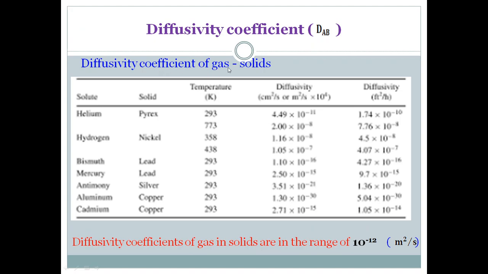Now diffusivity for gas-solid, for example helium in Pyrex, is 4.9 times 10 to the power minus 11 meter square per second, and another is around 10 to the power minus 15. So for gas-solid systems the diffusivity is in the range of around 10 to the power minus 12, in meter square per second.